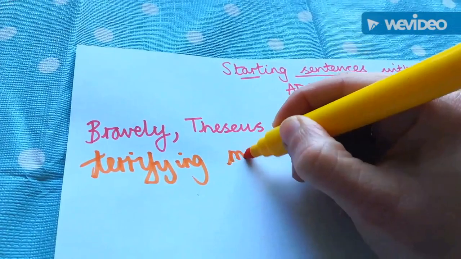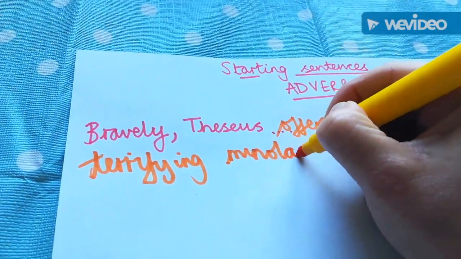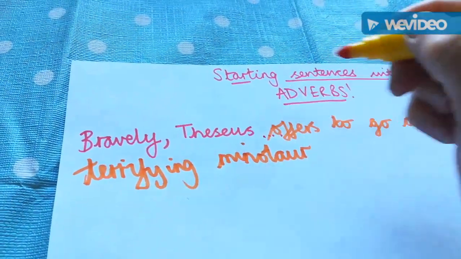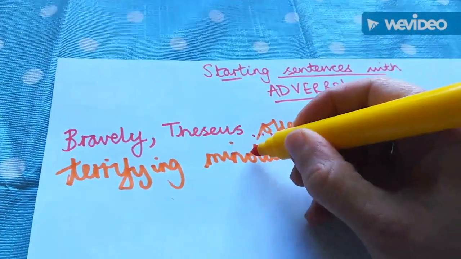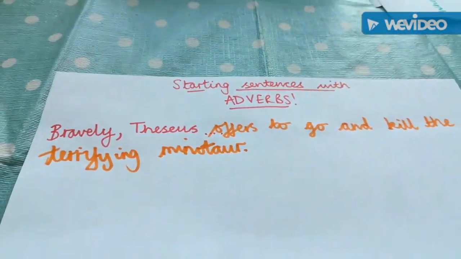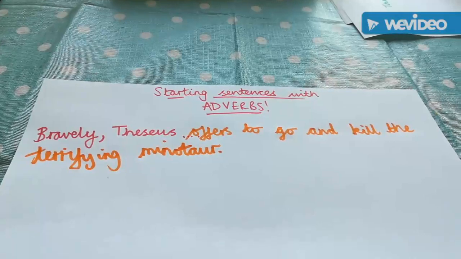Okay, you don't have to do your sentence in the same way. You can do it however you like, but that's just an example. And then what I'd like you to do is have a go completing the other sentences in that first box on the sheet.